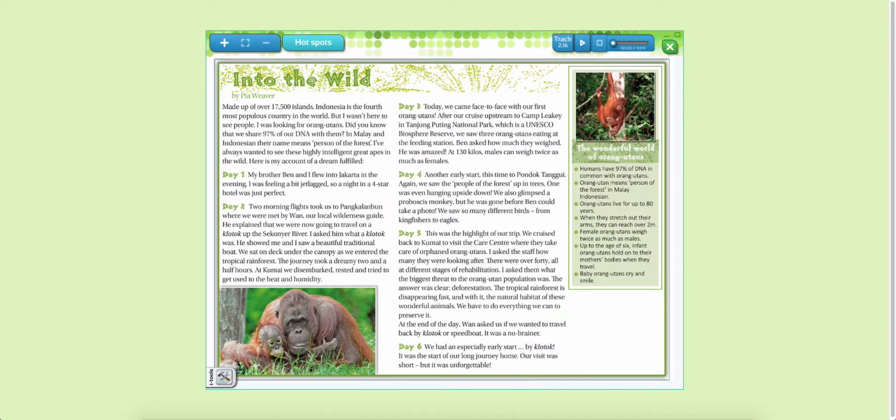But actually this name is because of the color and the species. So orange because of the color and utan because of the species, okay? So that's the good way. And we are going to read about a girl who traveled a lot in order to meet some of these animals. Juanes, can you please continue with day 1?